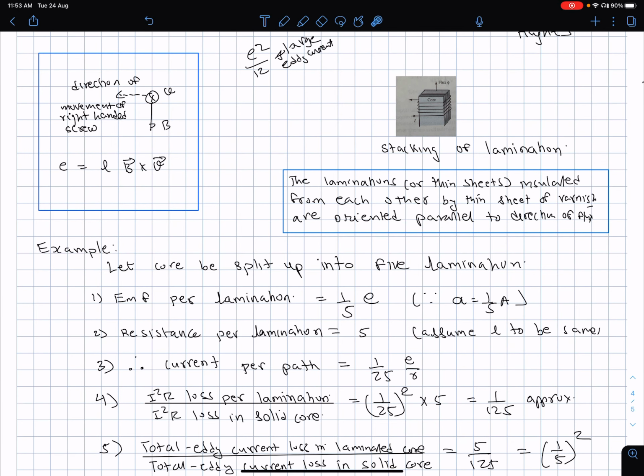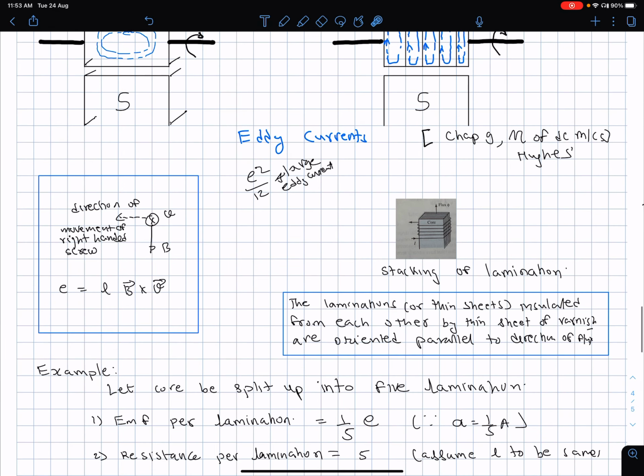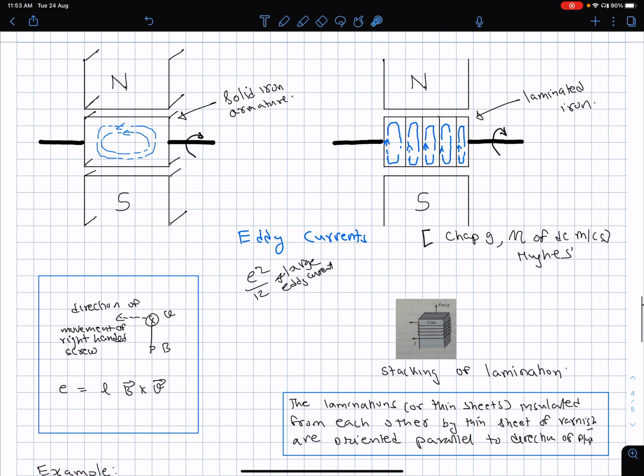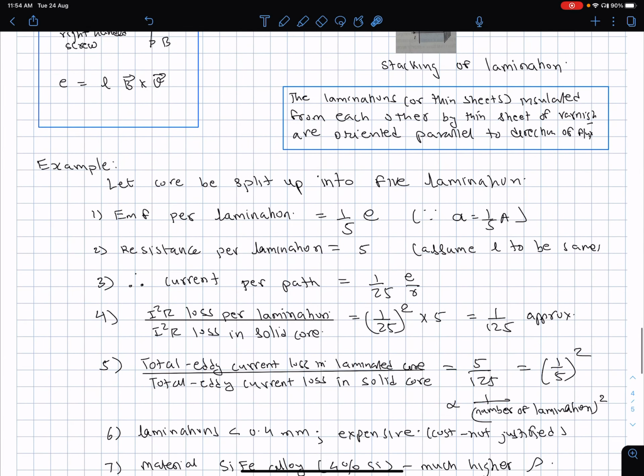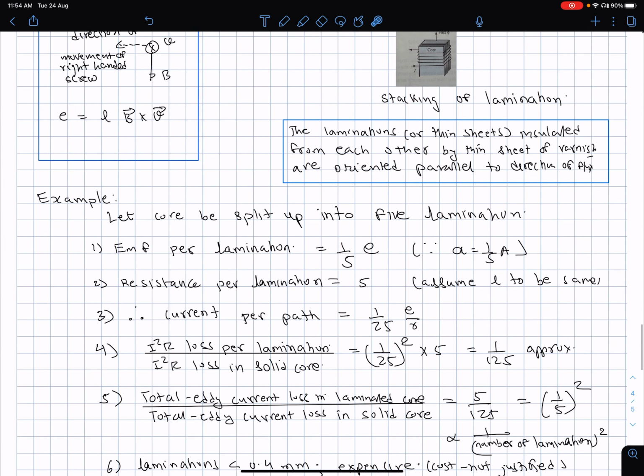In this case, the lamination: let's say I have made 5 laminations parallel to the flux axis. The complete area of cross section was A. Now each lamination, being only 1/5 of the thickness, has its width reduced by 1/5, so the area is reduced by 1/5.